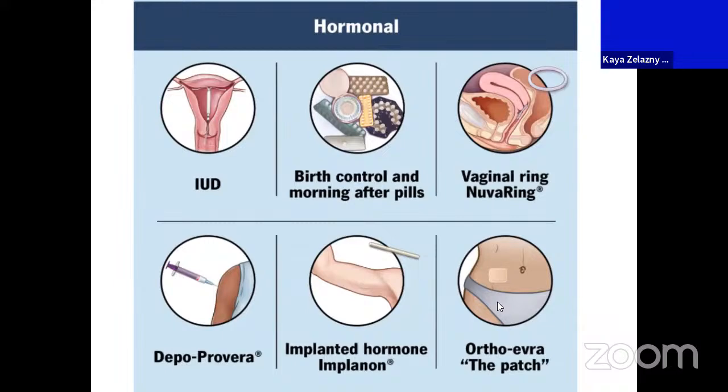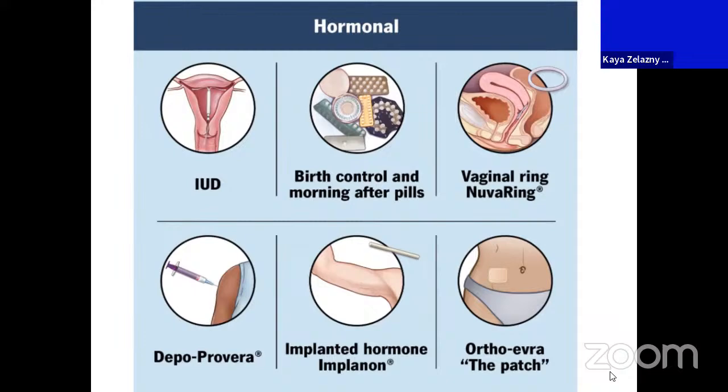Then we have hormonal methods. So hormonal methods, the ones that we use anyway, although they've tested out male birth control as well, usually target the female hormonal cycles. So we mess with estrogen, progesterone, LH, all these complicated endocrine signals that have to happen for ovulation to occur at the appropriate time, for follicles to mature, all that jazz.